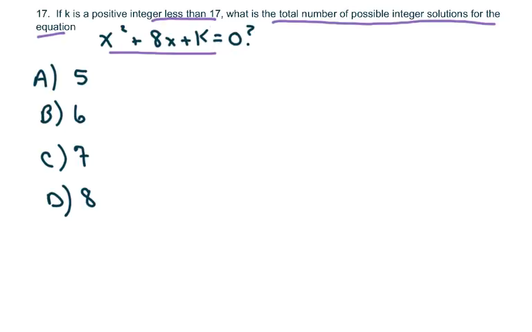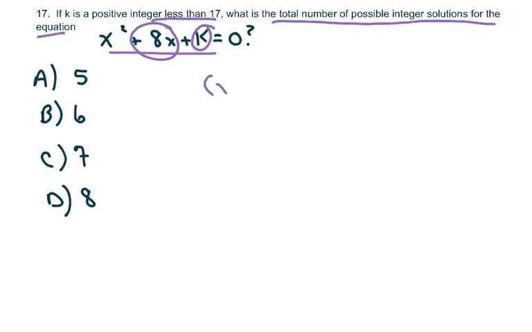So we have to determine how many combinations there are, and then you have the answer. Basically, we could do factors of k, which we are told is less than 17, and they have to add up to 8.